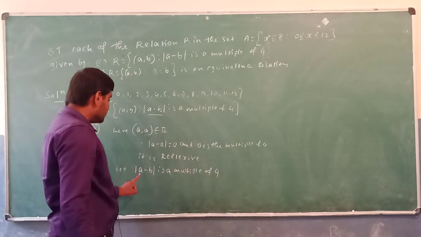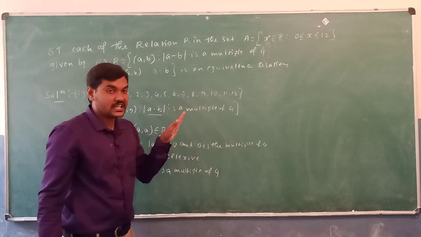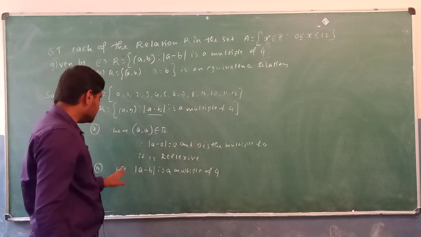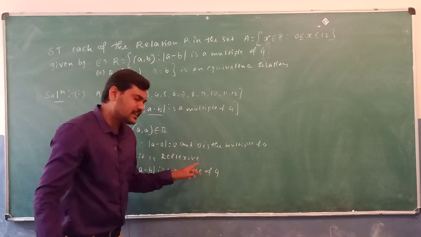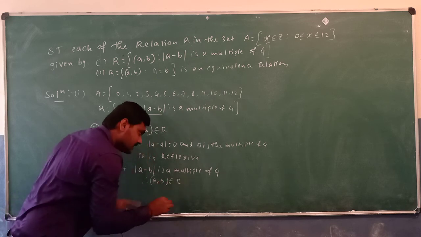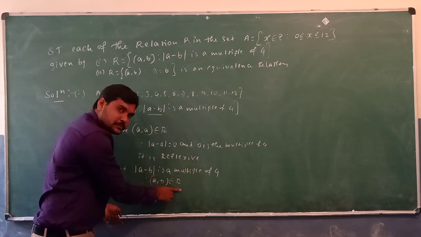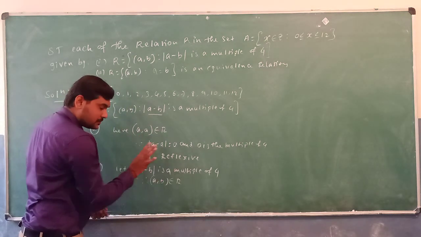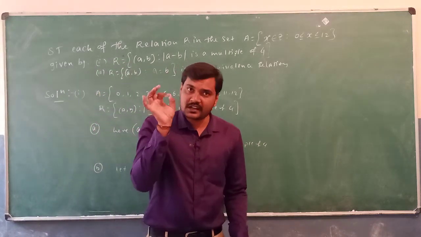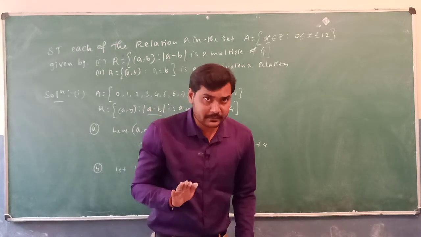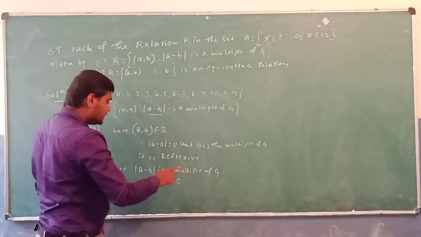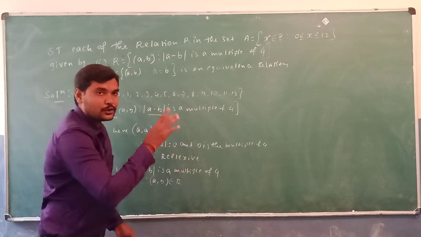Observe here: suppose (a, b) is a member of R, then (b, a) should be present in that particular R. To validate that, let a minus b be a multiple of 4, therefore (a, b) belongs to R. Suppose (a, b) belongs to R, then a minus b is a multiple of 4, and we have to state that (b, a) also belongs to R, where modulus of a minus b is a multiple of 4.